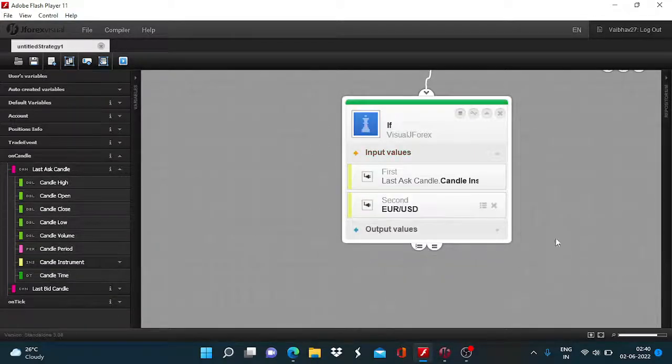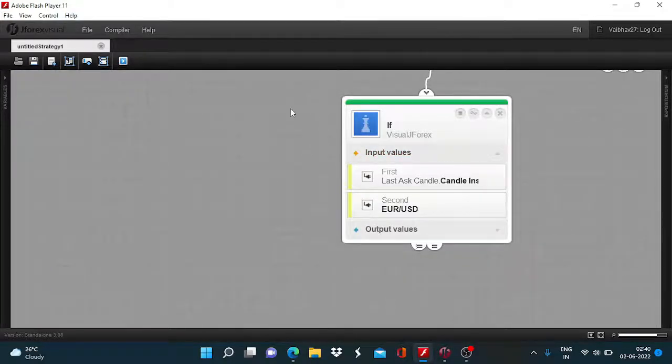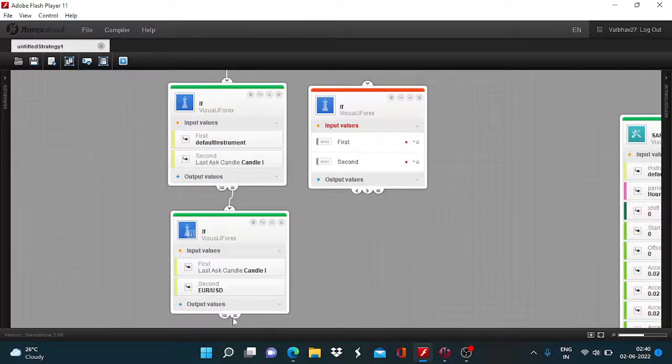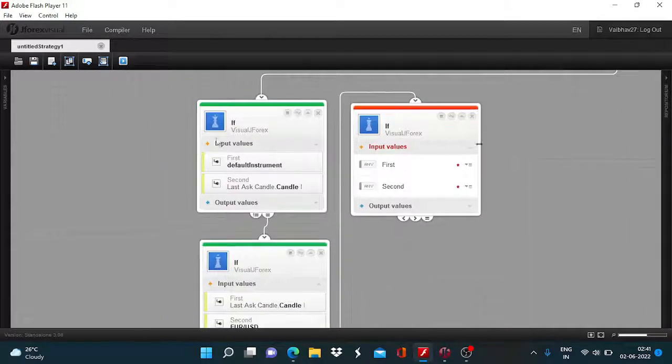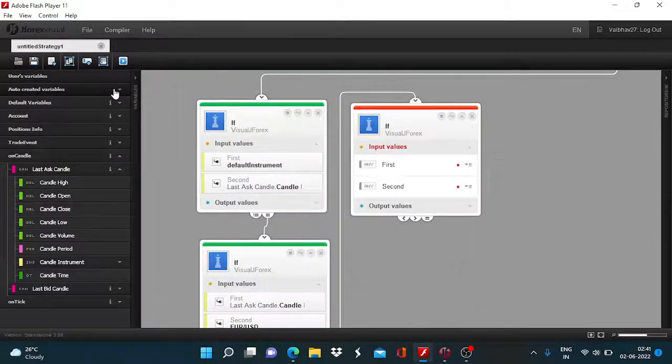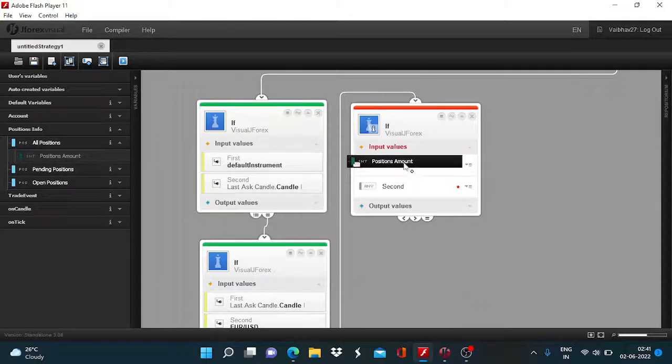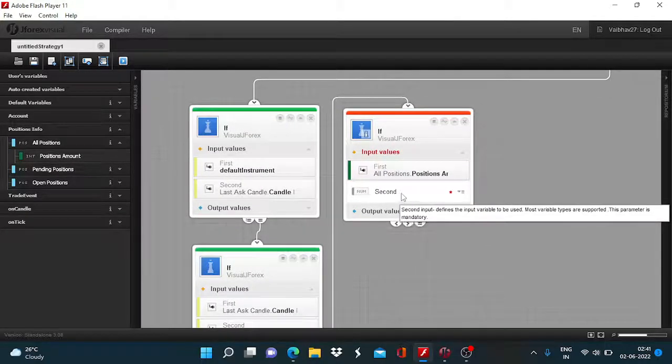Okay, here it is. The position amount needs to be 0.